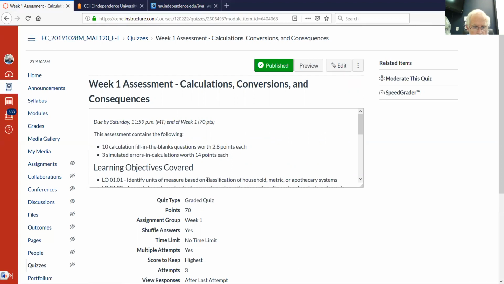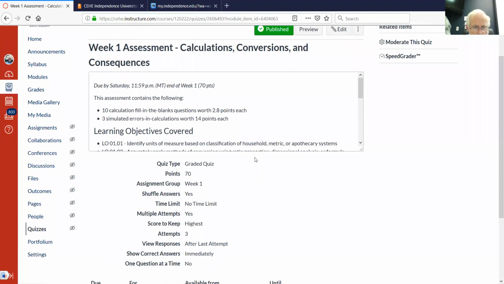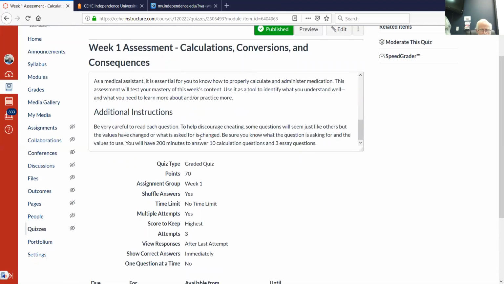The assessment has a number of questions. What you'll be doing is 10 calculations and then three other kinds of questions. So the assessment is here, and you'll do that.